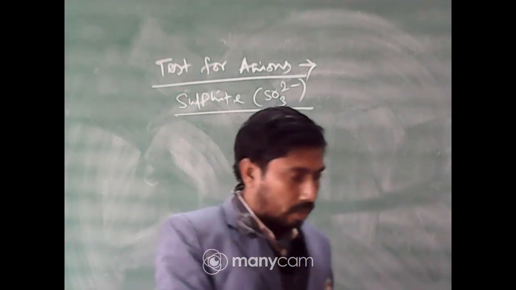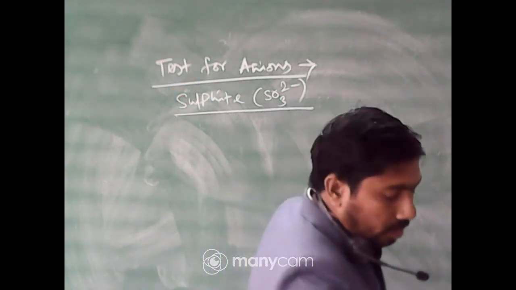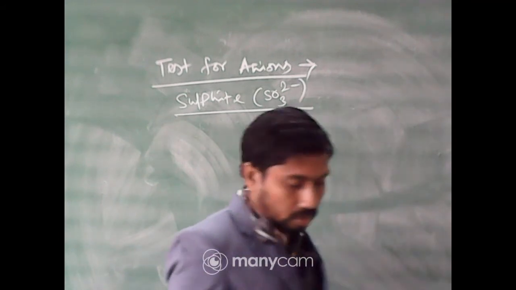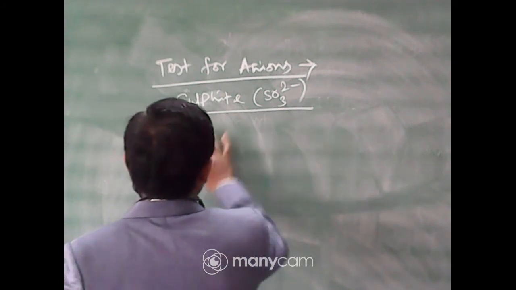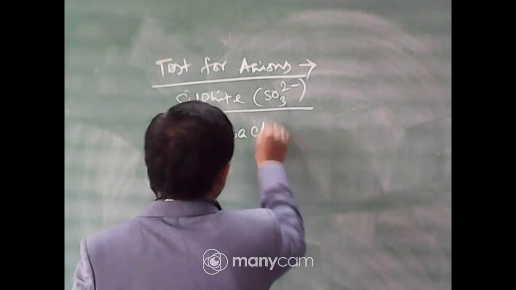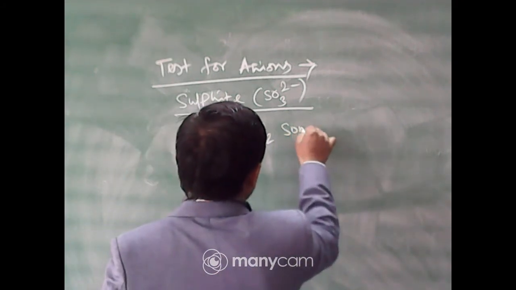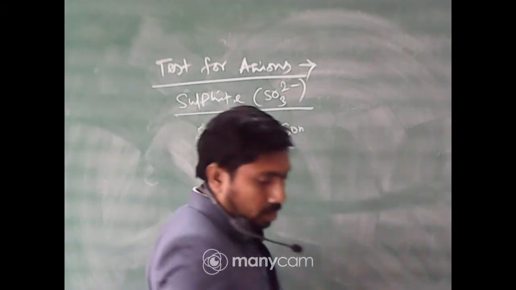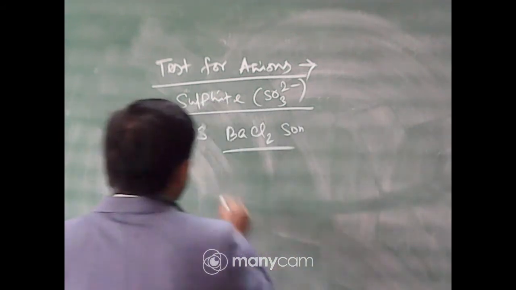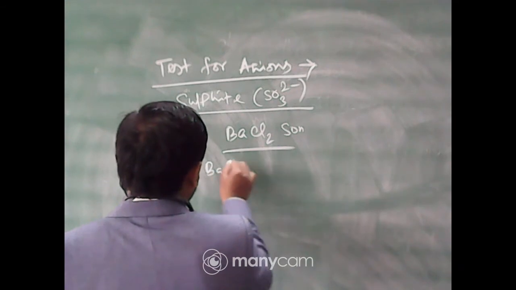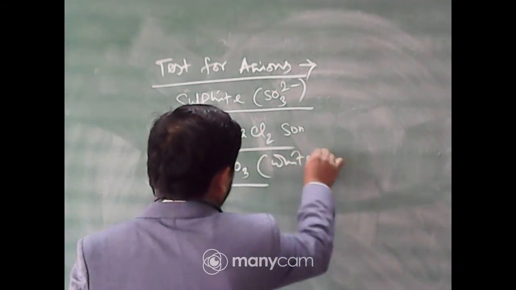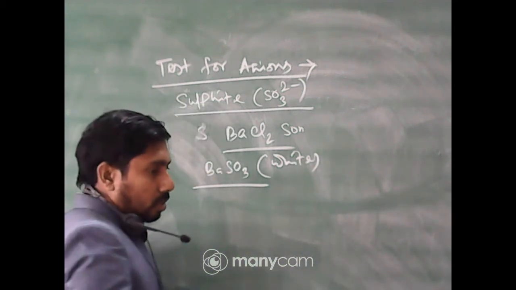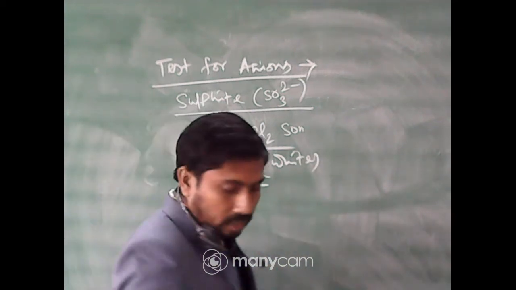Now we will add barium chloride solution. So what is the reagent? The sulphite is taken, then barium chloride solution will be added here. Now a precipitate of barium sulphite forms, white in color. So just look at this.